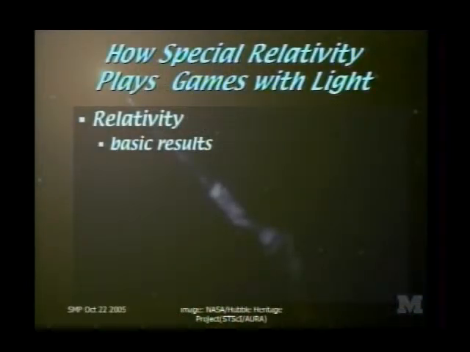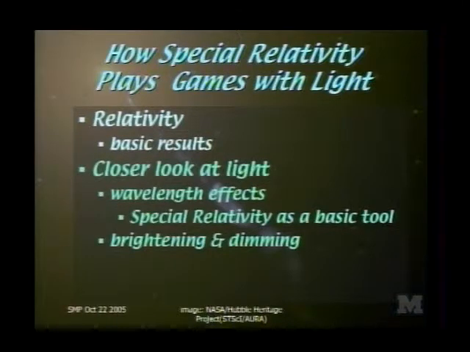So the game plan for today is that I'm going to review what we mean by special relativity and these basic results that I talked about last time. And then we'll take a closer look at what this does to light. We'll go beyond the basic results of special relativity and see how it affects wavelength.